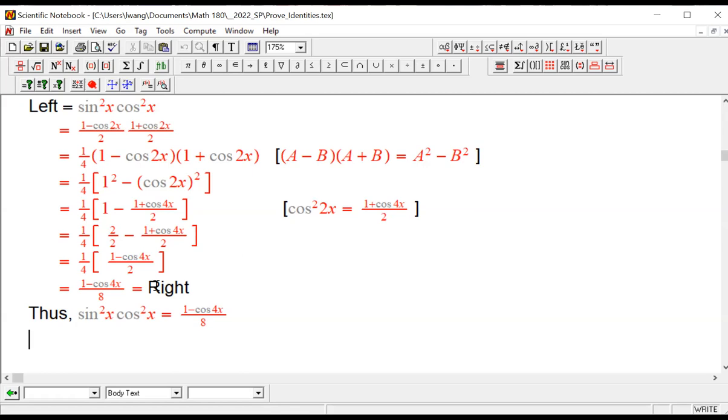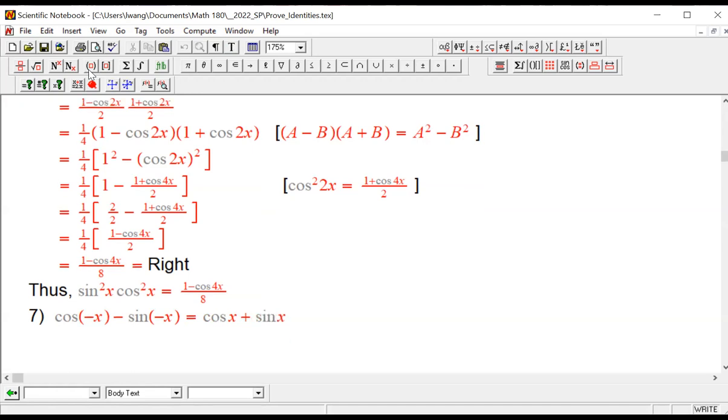Some of these identities I've chosen, I certainly have some intention, okay? For example, number 7 on your homework, proving identity. Here you can see you have cosine of negative x minus sine of negative x equals cosine x plus sine x.